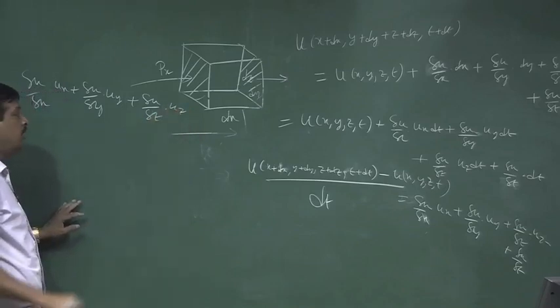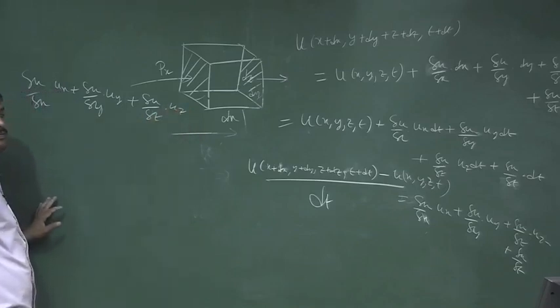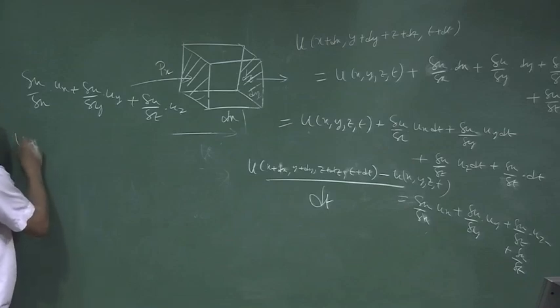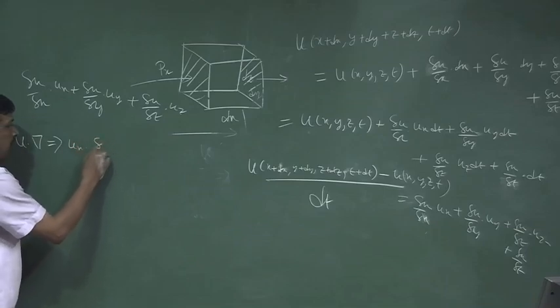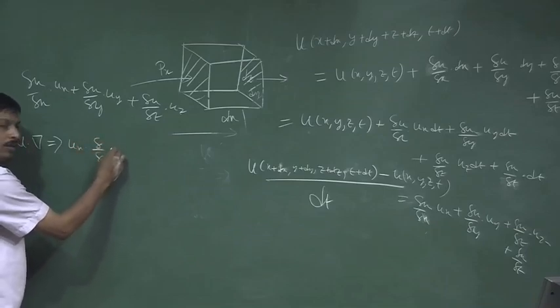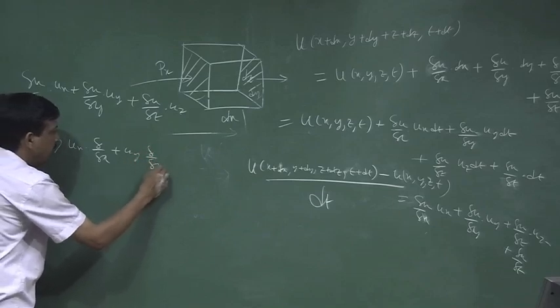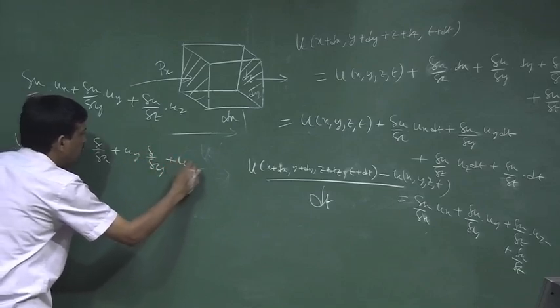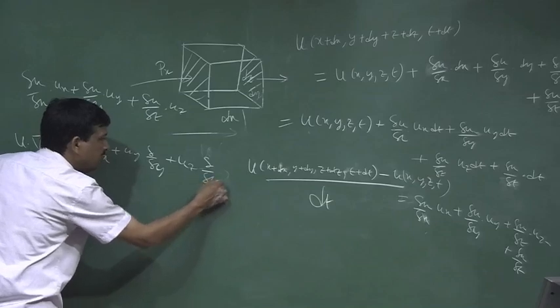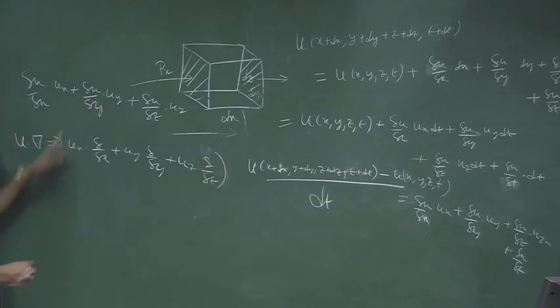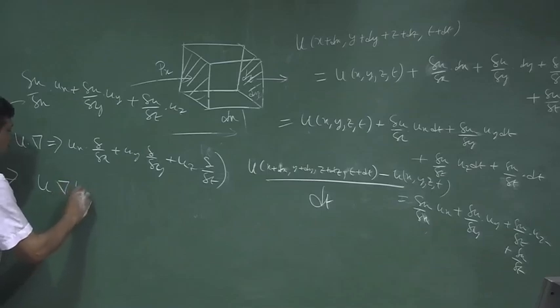What is this? What is u divergent? It is nothing but ux del by del x plus uy del by del y plus uz del by del z. So I can write this as nothing but u dot del u, that is, u divergent u.